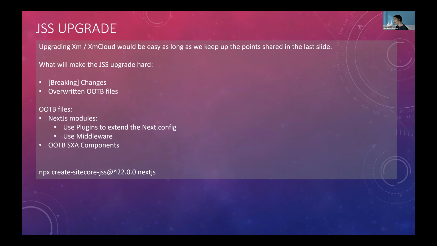What I want to achieve is when there is a new JSS version, I want to just do an npx create Sitecore JSS, create an empty JSS project, do a simple folder comparison between this new version and my current version, and either delete some data or just copy and overwrite the existing data. To achieve that, we need to do some preparation from the beginning of the project.